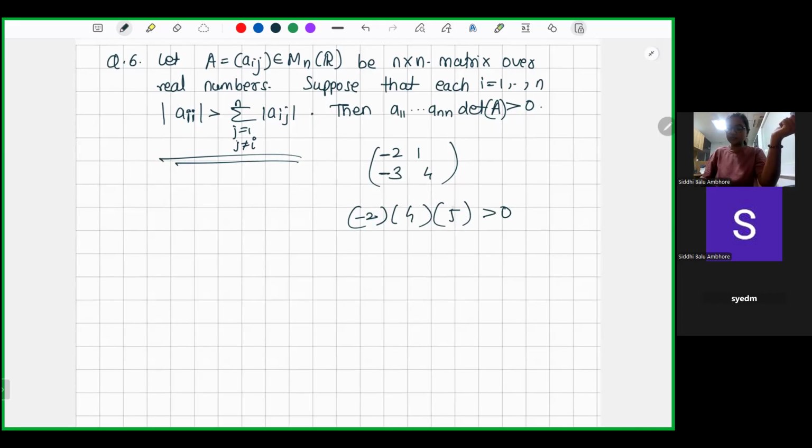So the determinant is now minus 8 plus 3, so this is -5, and the product still remains positive. So this is a pretty strong statement. We do not know whether aii is actually greater than the given number. It could very well be negative, for example in this case here, but still the statement holds. Okay, we checked. So that's what this statement means. And we are trying to now prove this. Let us try to prove.